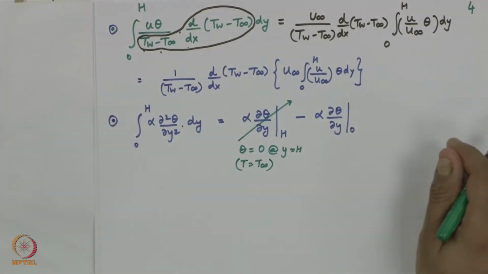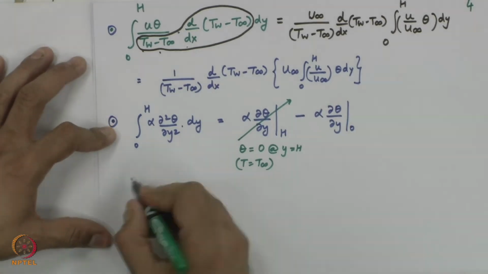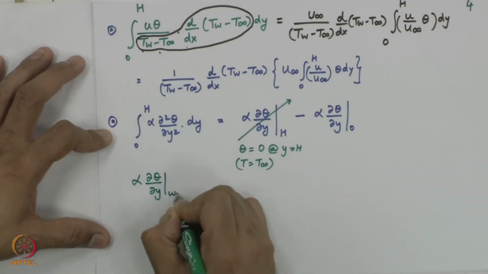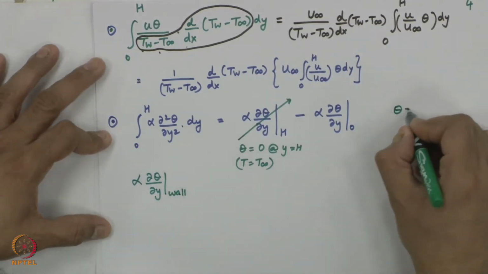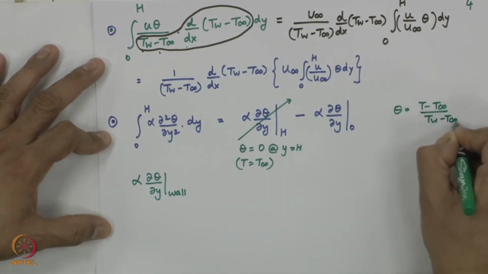We are left with minus alpha d theta by dy evaluated at the wall. What is this quantity? Let us consider alpha d theta by dy evaluated at the wall. So, what is theta? T minus T infinity by T wall minus T infinity.